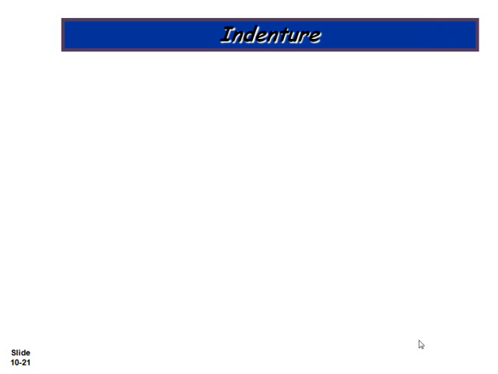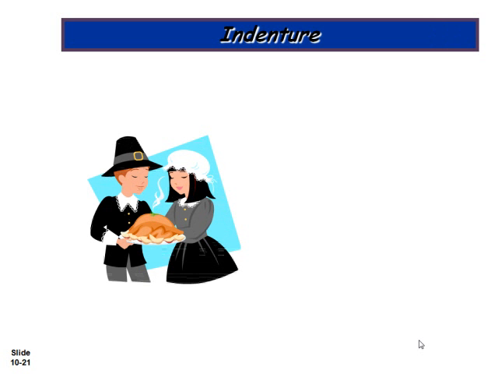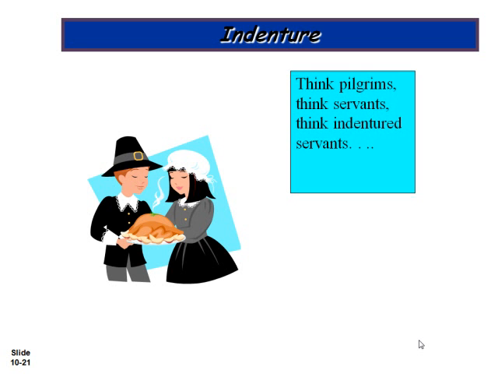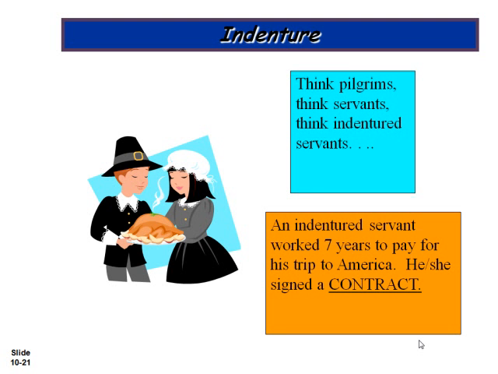Okay, this is kind of a stretch, but I like to show this. When the Pilgrims came to America, some people couldn't afford their own passage. So they would say, I'm over in England, I want to come to America, but I can't pay for myself to be transported to America on board ship.